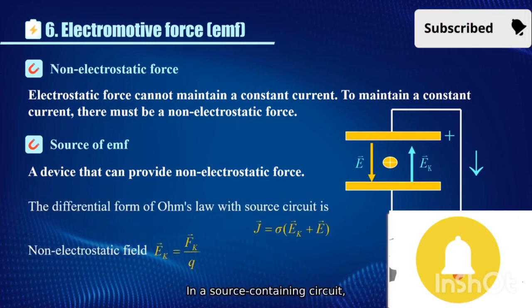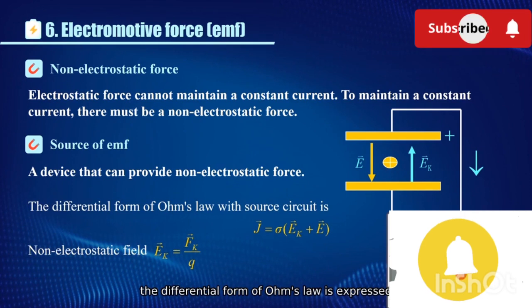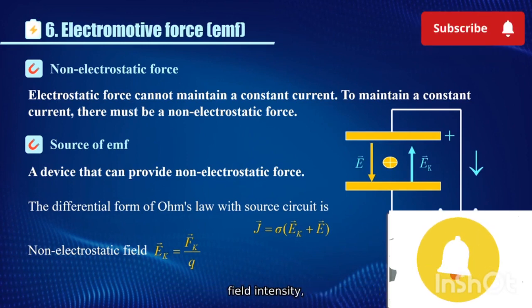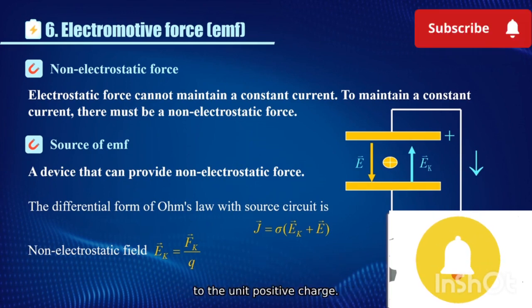In a source-containing circuit, the differential form of Ohm's law is expressed in this form, where Ek represents the non-electrostatic field intensity, which is a non-static force applied to the unit positive charge.